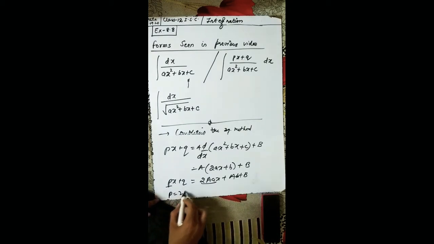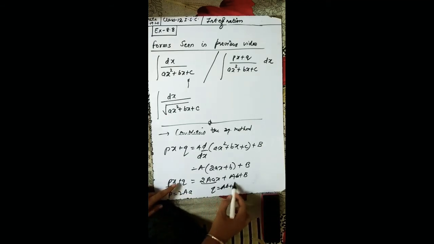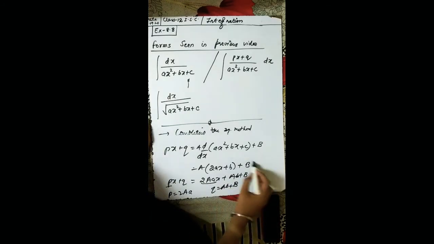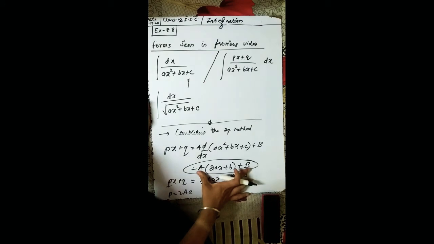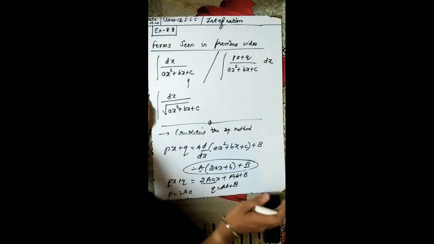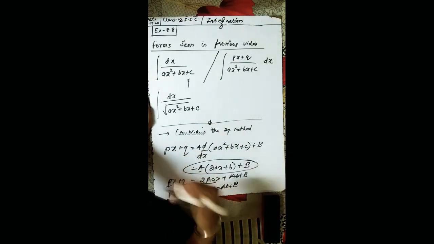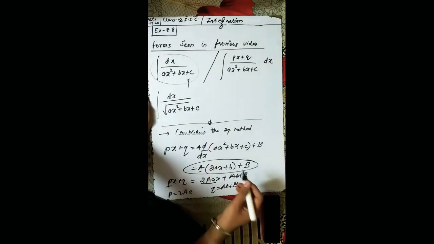Here p will be equal to 2aA, and q will be equal to Ab plus B. Then we get the values of A and B, put them in this equation, and similarly we place this in place of this expression, and then we separate it into two. The one will be substituted and the other will be solved in such a way.